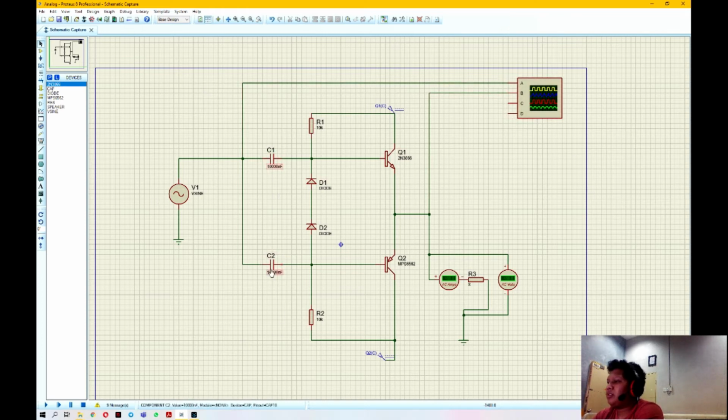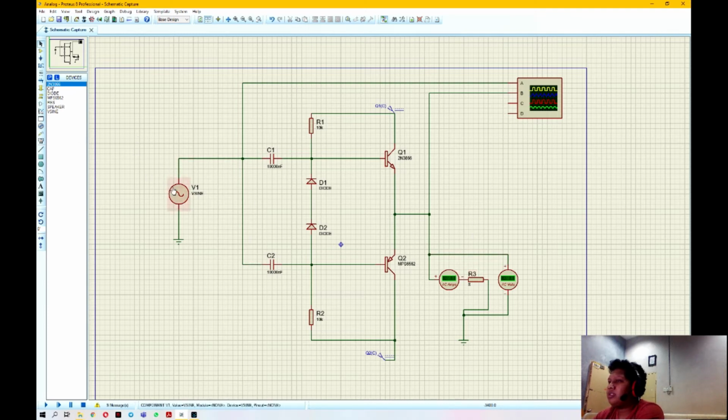There are two capacitors which have been set to 10,000 nanofarad for C1 and C2. For R1 and R2, we put the value of 10 kilo ohm, and R3, which is RL, we put the value of the speaker, which is 8 ohm.